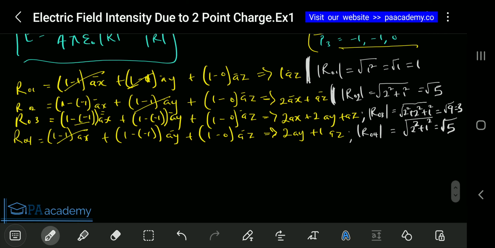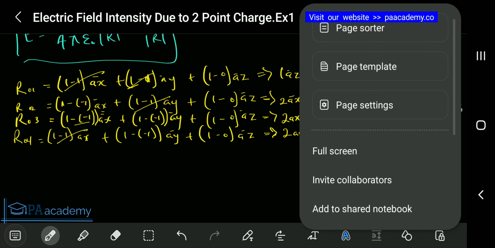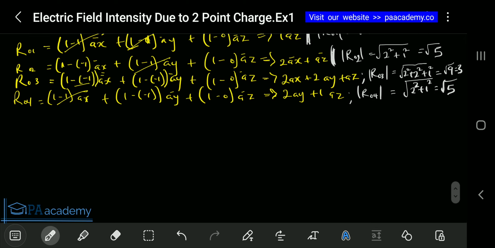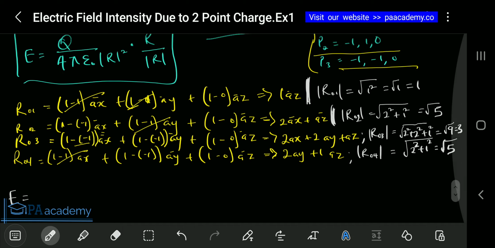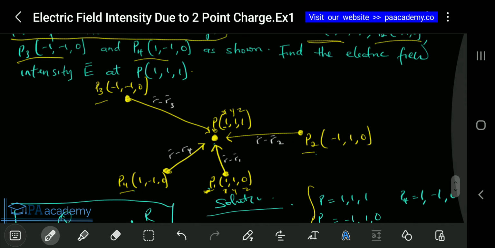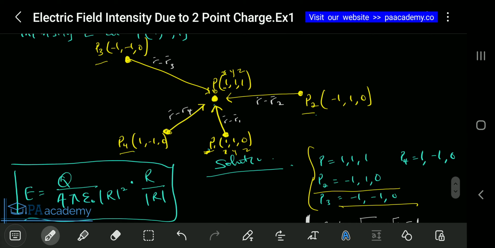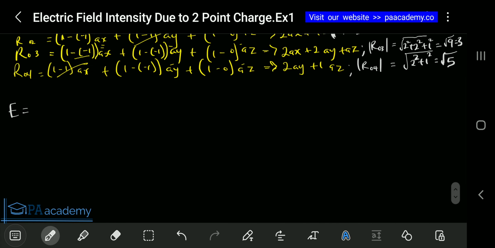Now that we've gotten the unit vector for all of those charges and their magnitude, let's bring in our formula now, the electric field intensity. Remember that we are dealing with electric field intensity due to four charges, and the charges are equal. So we can just write 4 identical charges, and represent it as Q since they are all the same charge.